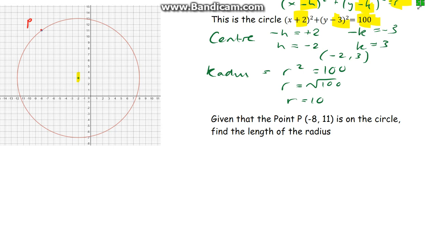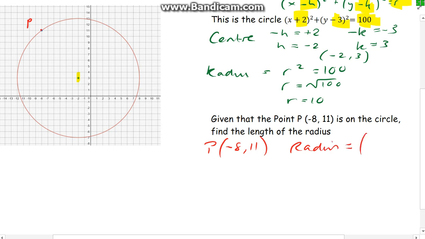You could have found the radius without knowing P, because you counted from the centre point to a point on the circle, and we just used our x-axis, and that told us it was 10 units. But we can also use the fact that they've given us P. So say P is equal to (-8, 11), and the centre is equal to (-2, 3).